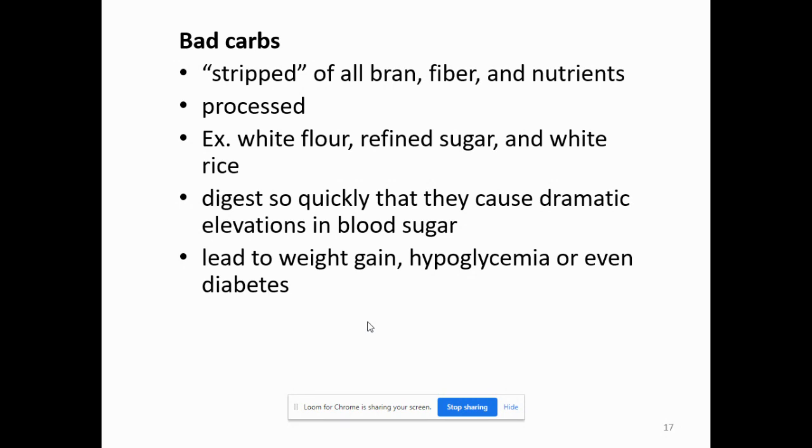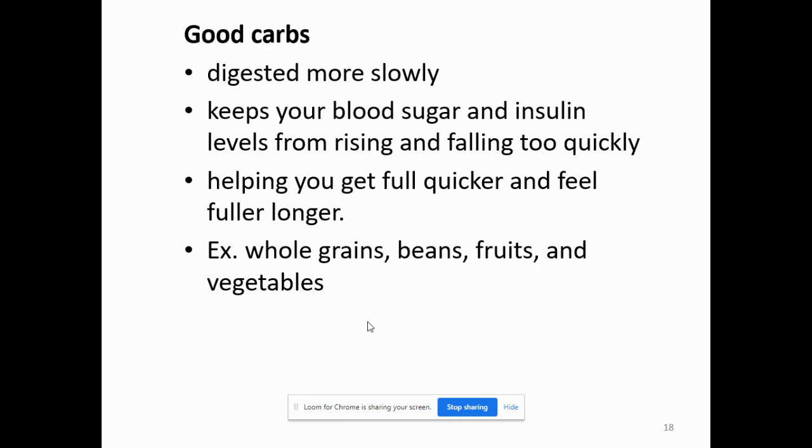The problem is you digest them so quickly that they cause dramatic elevations in blood sugar. It could lead to weight gain, hypoglycemia, which is low blood sugar, because you can have a sugar crash, and eventually a long-term diet high in these things can lead to diabetes.